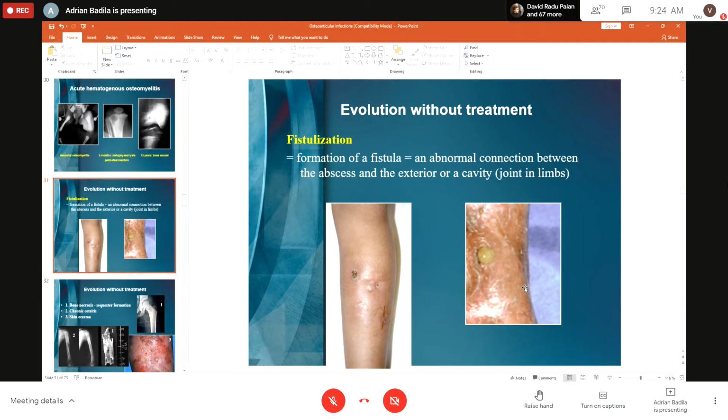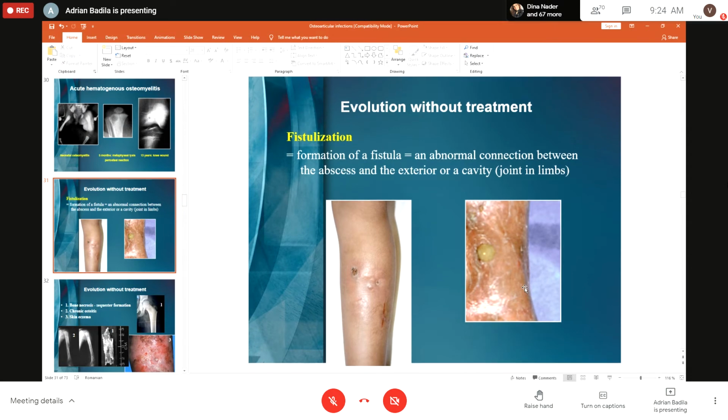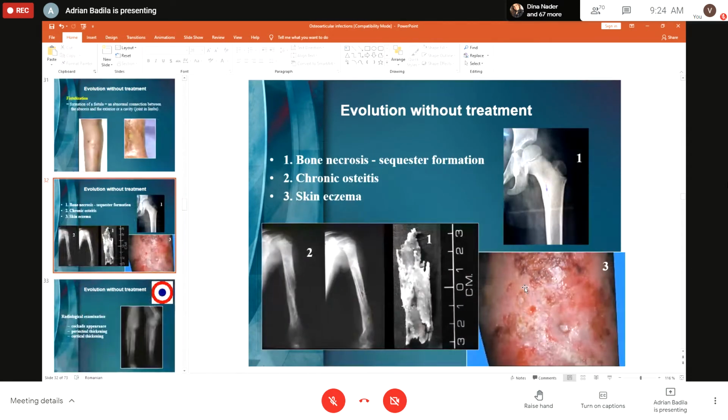In our case, in the osteoarticular osteomyelitis, this cavity is represented by a joint. Other evolutions are towards bone necrosis with the formation of some sequester, chronic osteitis, and skin eczema.